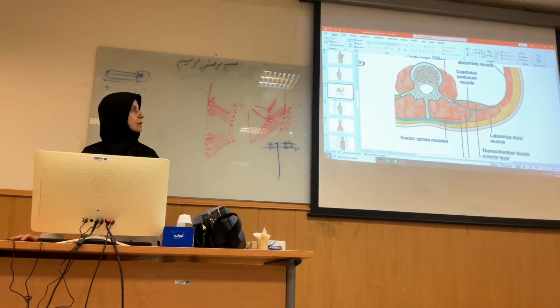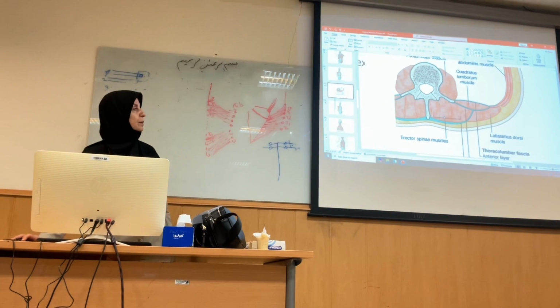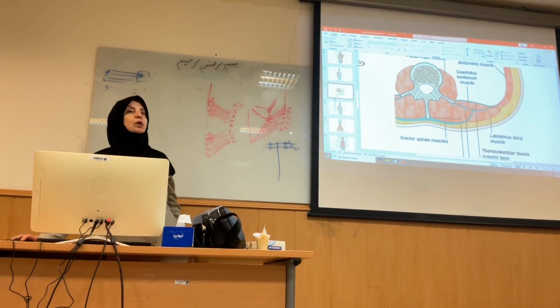With the transverse process and the spinous process, in each side we have a groove, and inside of this groove we have the mass of muscle that we call erector spine muscle, on the right side and the left side. Erector spine is a mass of muscle, not only one muscle. A lot of muscles form the erector spine. Later, you are going to know them and be familiar with them.